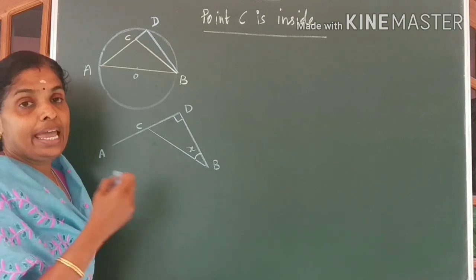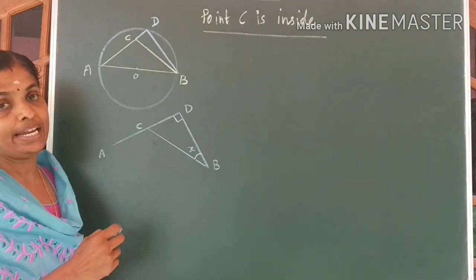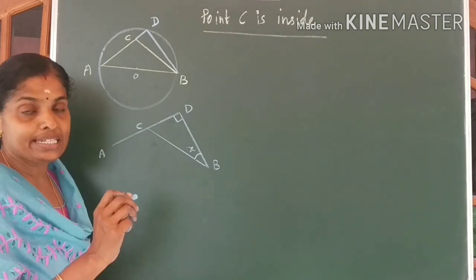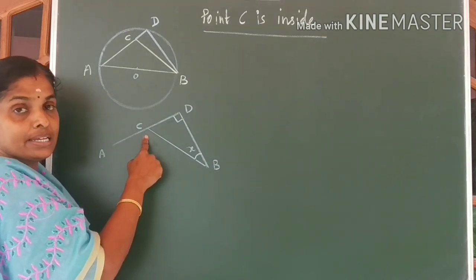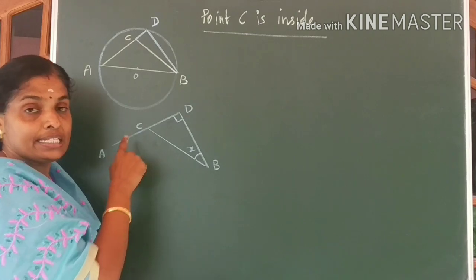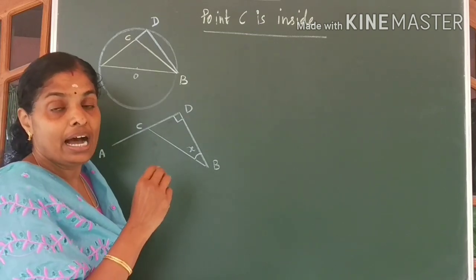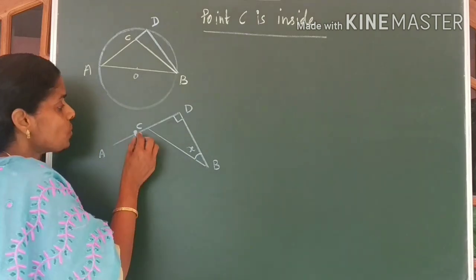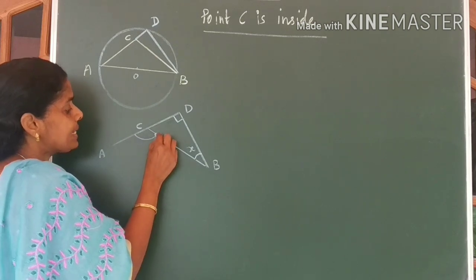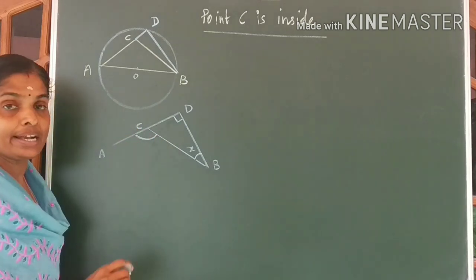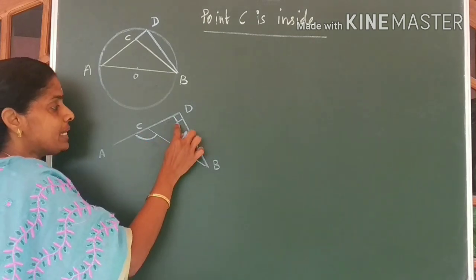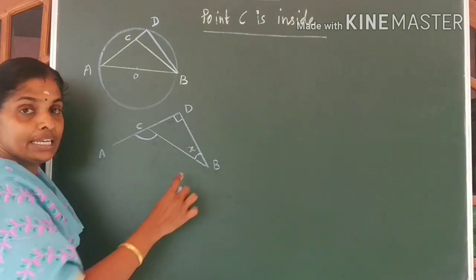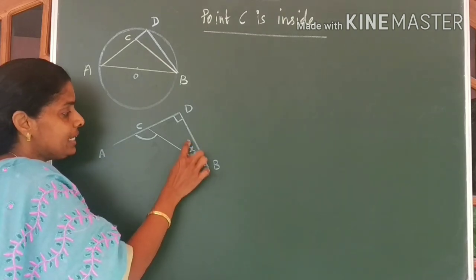Now, in 8th standard, you have studied an idea. In a triangle, the exterior angle equals the sum of interior angles at the other two vertices. So what can you say about this exterior angle of the triangle? We can say this angle will be equal to the sum of the interior angles, that is 90 plus x.